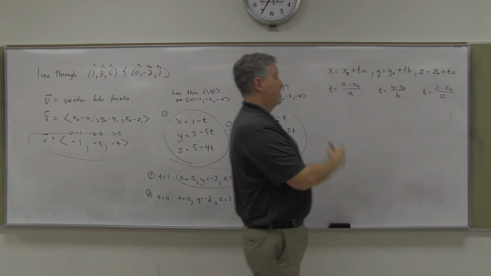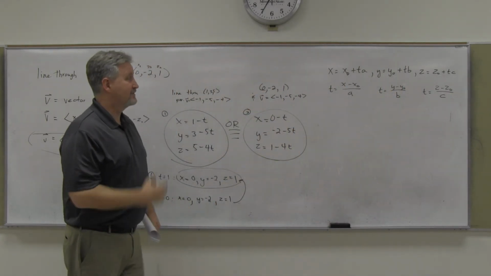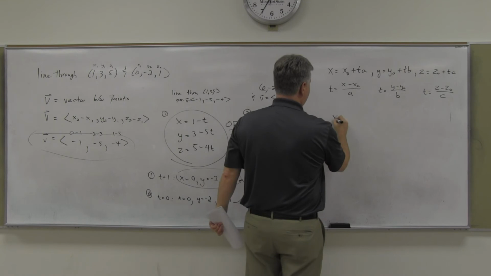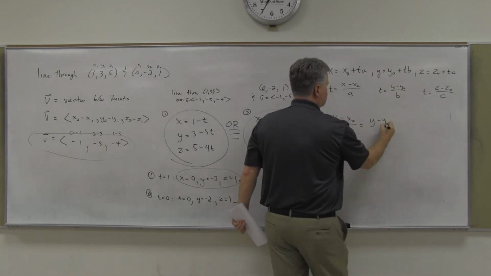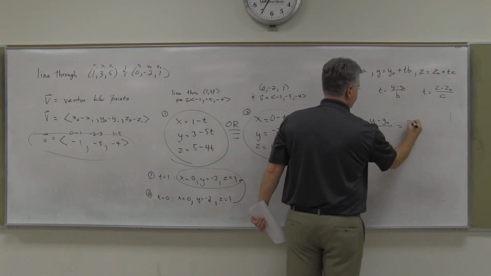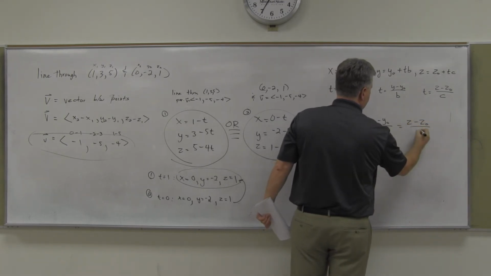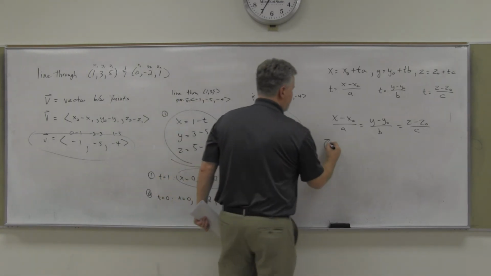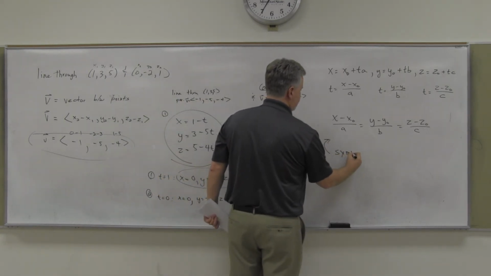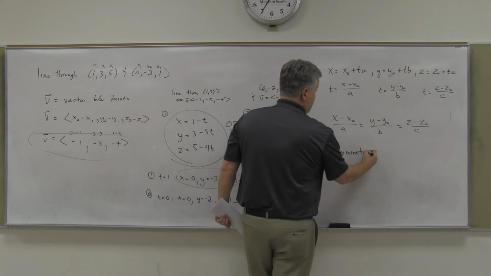Well, those are all equal to t. If we set them equal, then they're equal to one another. It's another form of a line. So this is symmetric form, they call it, this book calls it anyway.